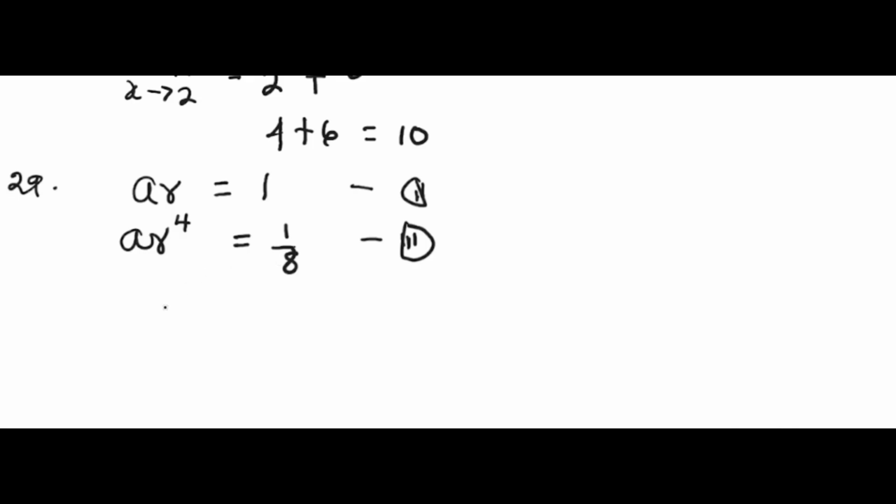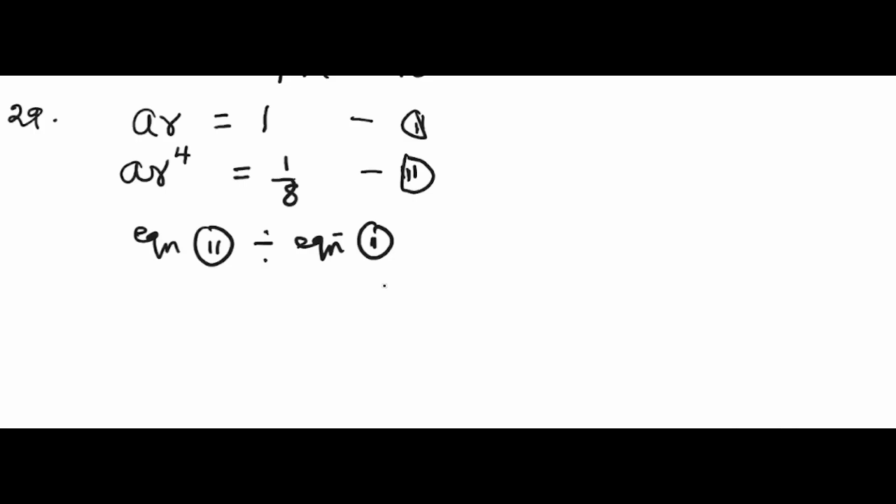So what do we do? We divide equation 2 by equation 1. We're not subtracting, we are dividing. Why are we dividing instead of subtracting? This is GP, geometric progression. Remember, to get the next term, it is by multiplication: multiply the first term by the ratio.